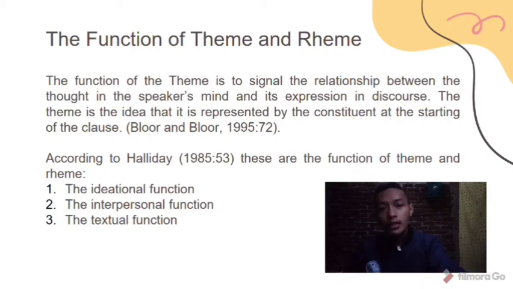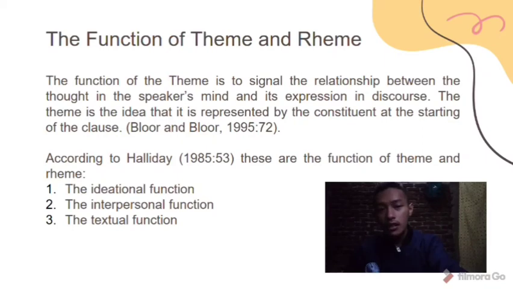Well, according to Halliday, there are three major functions. The first one is the experiential function. This function indicates a strategy to express our experience of the world. And the second, the interpersonal function.